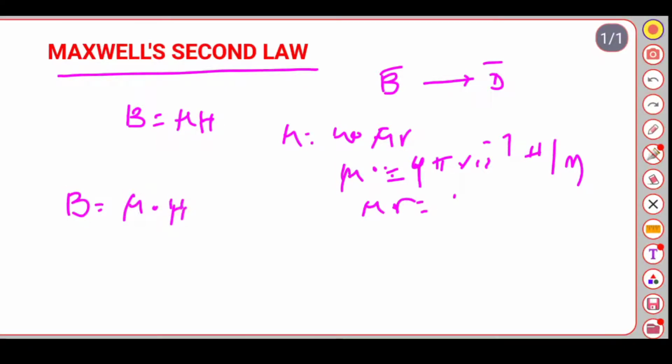Why am I telling all this related to basics? Because for magnetic flux density, del dot B equal to 0 is Maxwell's second law. Del dot B, the divergence of the magnetic flux density vector, is equal to 0, that we have to show.